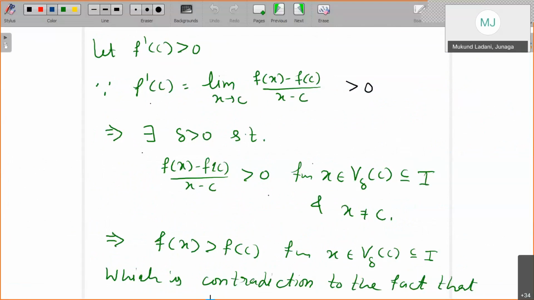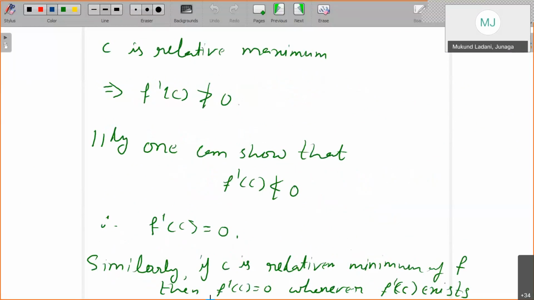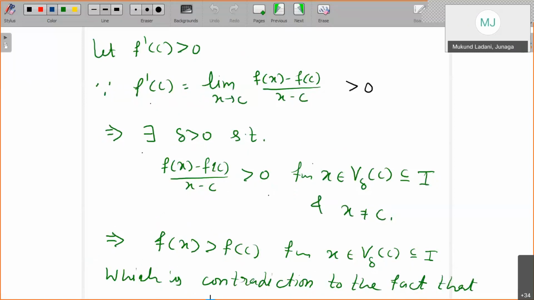Similarly, we will say that f dash of c can't be less than 0 either, we can prove it in a similar way. If we prove it, then f of x minus f of c upon x minus c would be less than 0, and from there we can say that f of x is less than f of c, and then we contradict that f of c is a relative maximum.